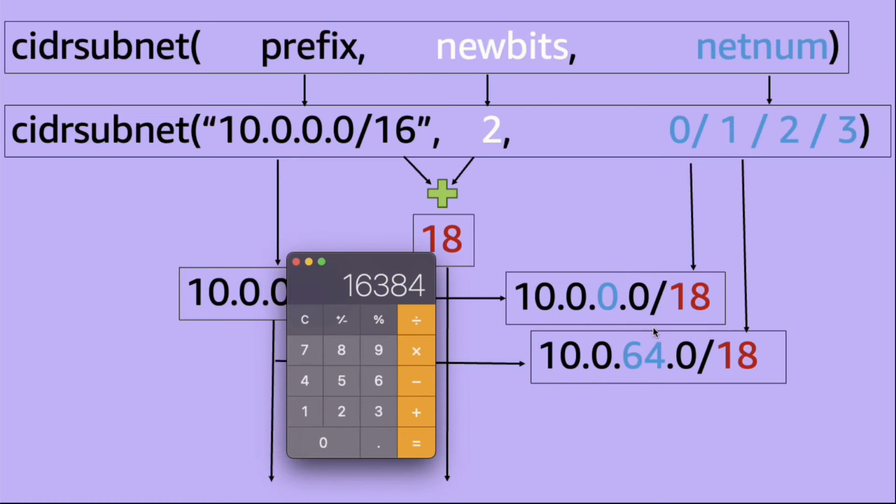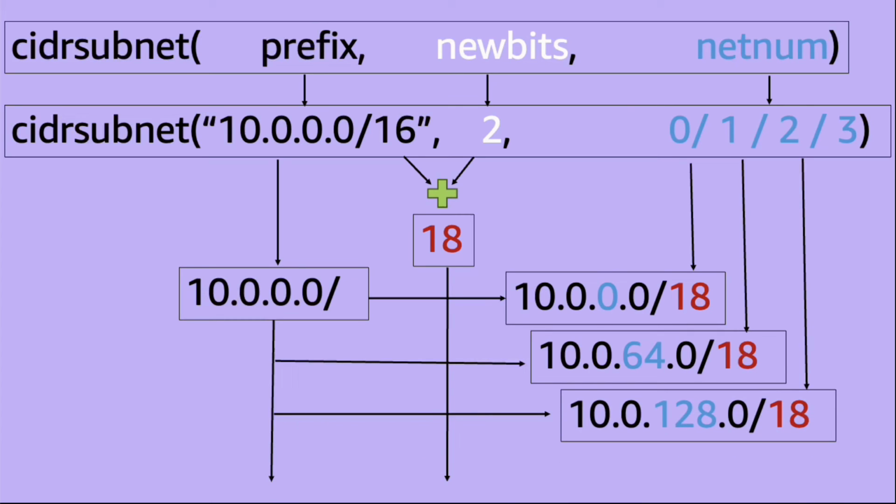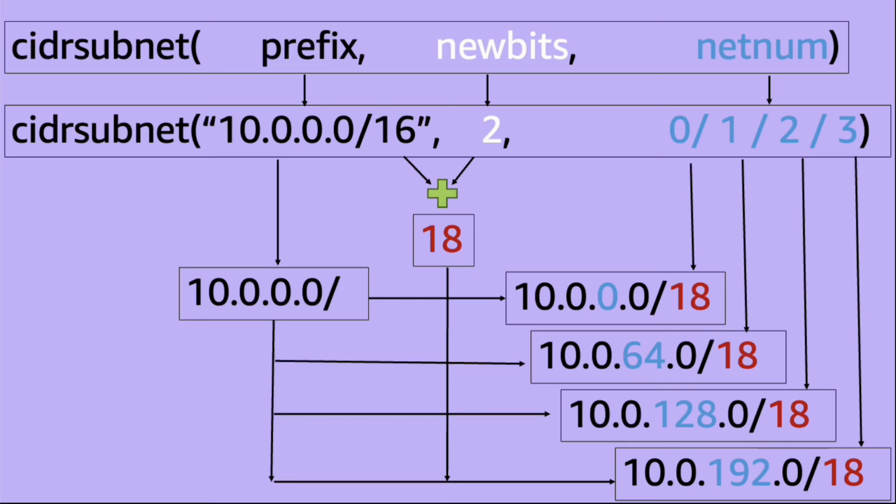So the next subnet should start only after the 16,000 IPs, that is, from 64.0. Similarly, the third subnet, index 2, will be 64 plus another 64, which is 128. This is the starting base for the third subnet. And for the last subnet, it will be 128 plus 64, which is 192. So this is how you can create subnets of a given CIDR size from this function.